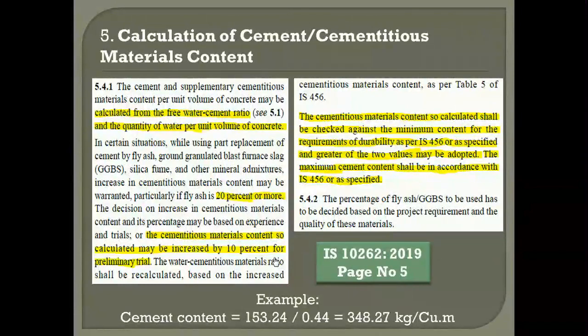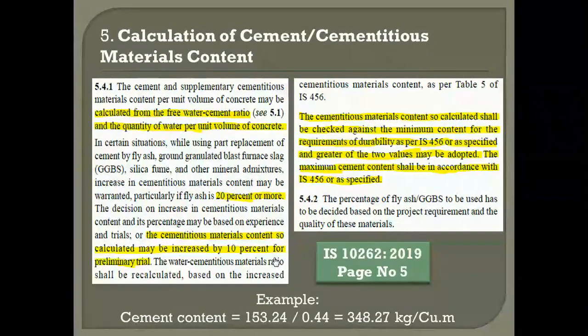If we are using any mineral admixtures like fly ash, GGBS, silica fume, or any other mineral admixtures, then we have to try out 20%. So minimum we have to use mineral admixtures for 20% replacement of the cement.